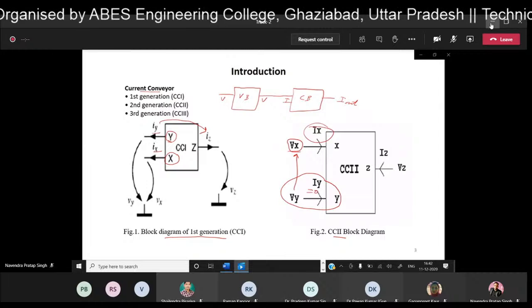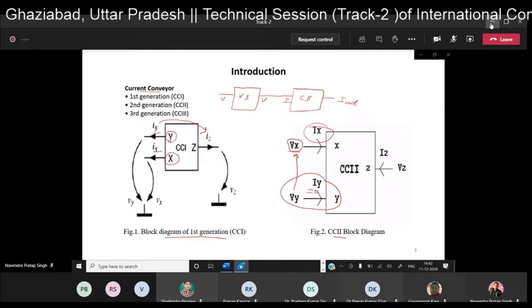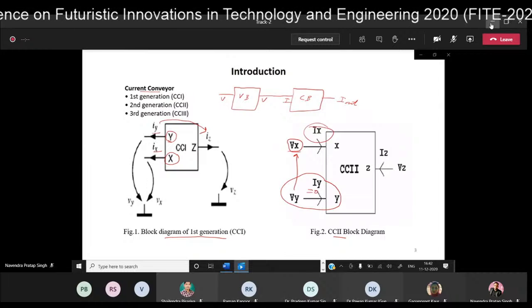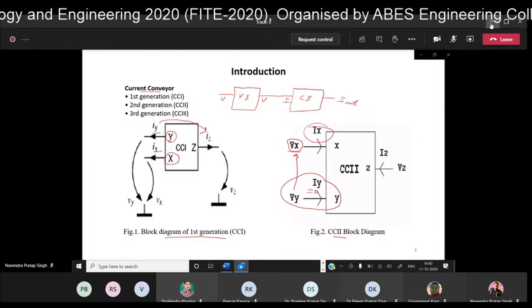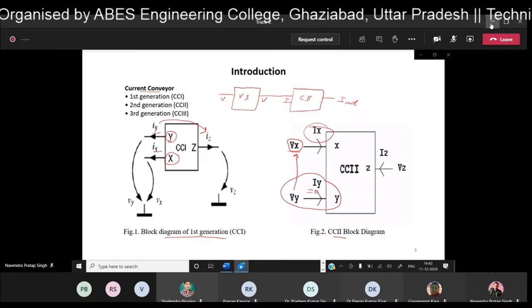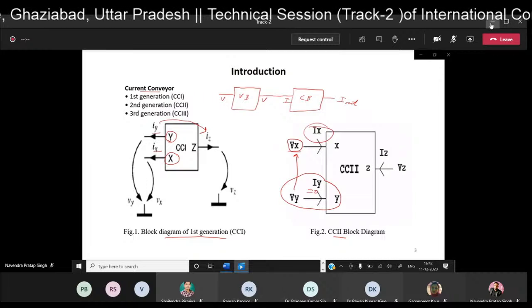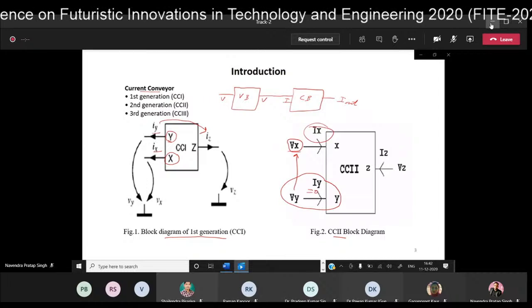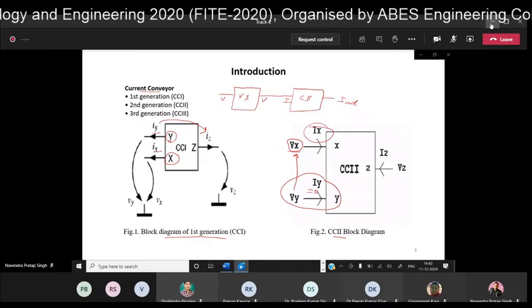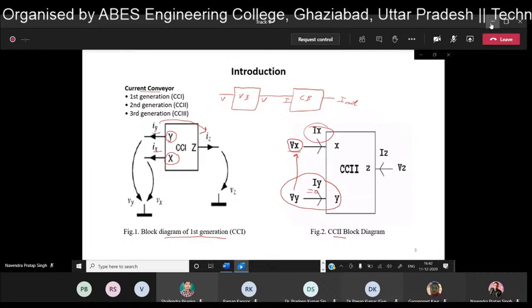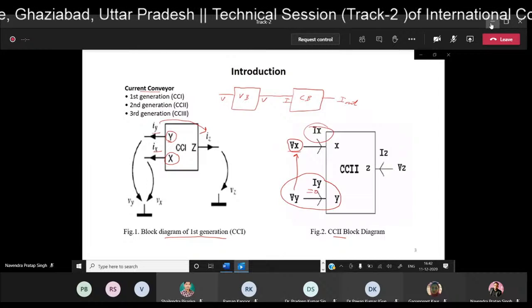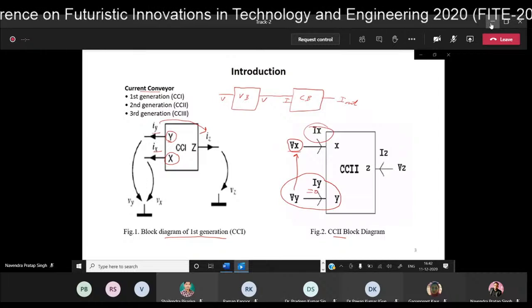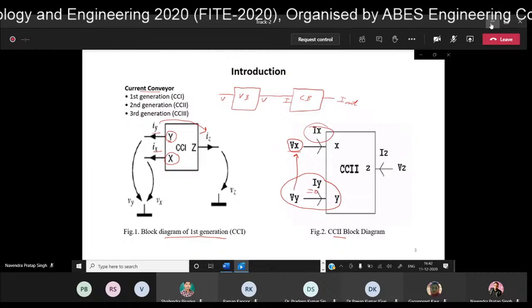Then the next approach was low power, low voltage multifunction CCI. The modification done here, if you see it carefully, is that the bulk terminal is connected such that the bulk potential is increased. If VSB is changed, that will change the threshold voltage of the MOSFET, and by changing the threshold voltage, power dissipation is decreased.